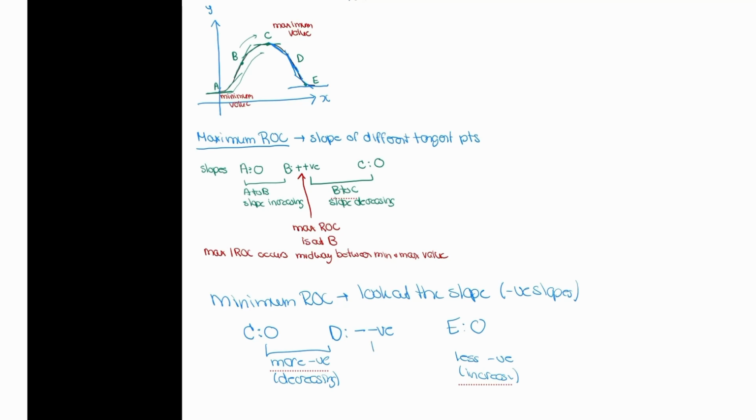So from here to here, it's less negative, which must mean that our most negative point is where the slope is at a minimum, and that's right at point D, in between. It's the midway point. So the slope is most negative, the slope is the minimum.